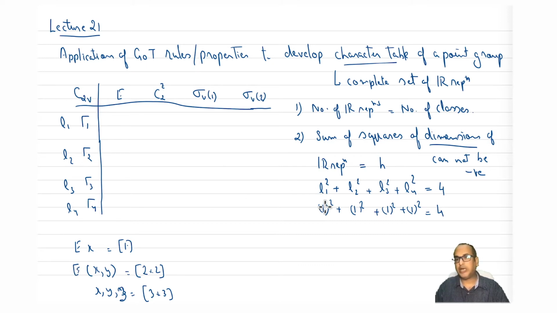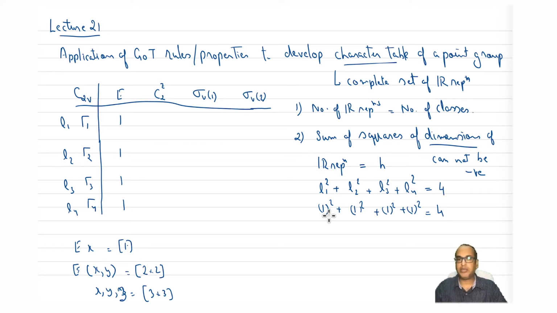So now we know that all the dimensions are 1, 1, 1, 1. So we can write the trace under E as 1, 1, 1, 1, right? So from 16 unknown elements, we have solved for 4 in one shot. I hope that is clear. So again, the sum of squares of dimensions of IR representations is equal to H, which gives L1 square plus L2 square plus L3 square plus L4 square equal to 4.